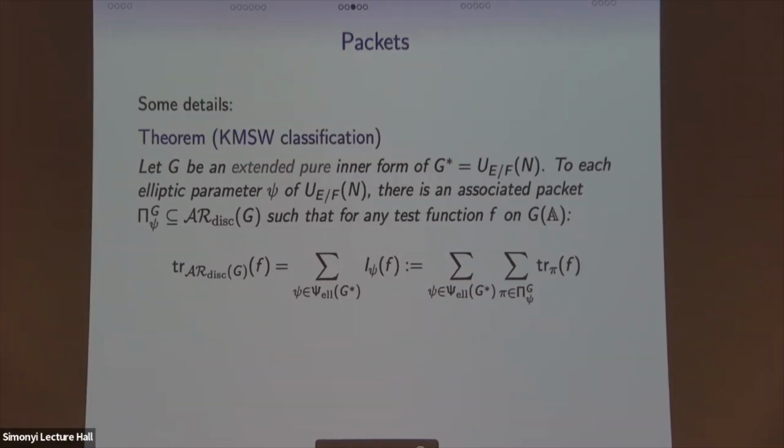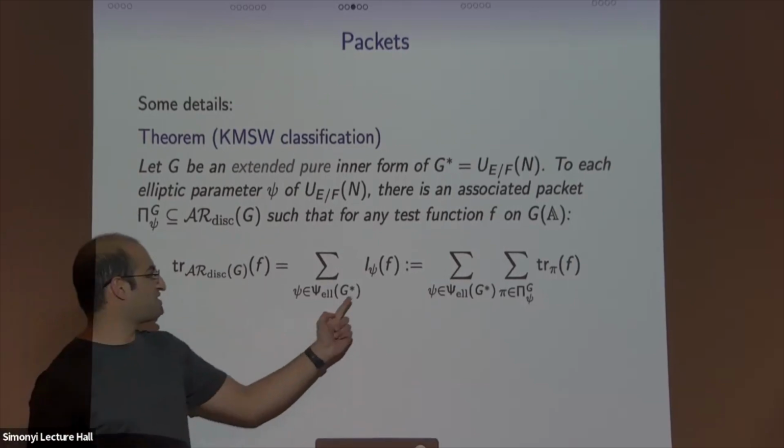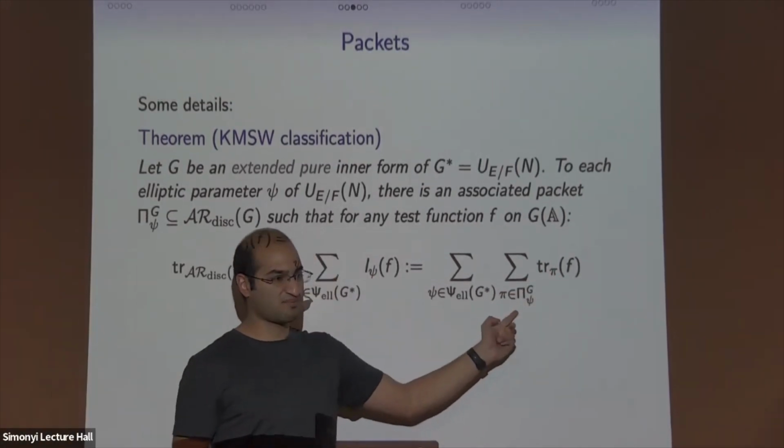To each elliptic parameter of this quasi-split unitary group, there's an associated packet of discrete automorphic representations inside G, such that when you union together all these packets, they're all disjoint, and their union is all discrete automorphic representations. Being disjoint means they're disjoint when realized as functions in L2. I write this disjoint union as a trace identity, where you take some function and trace it over the entire discrete automorphic spectrum. It sums into traces against each packet, and the trace against each packet is a sum of traces against the representations of the packet.